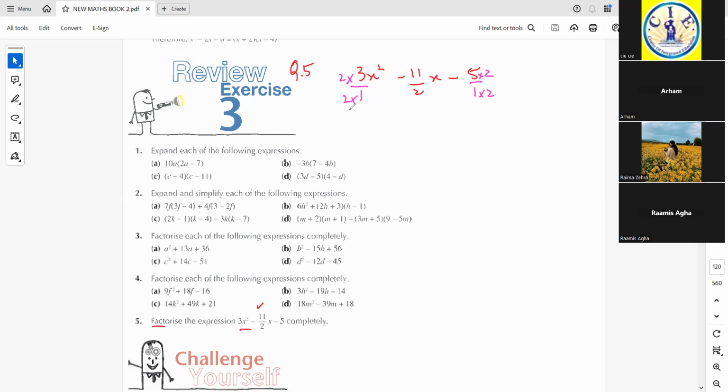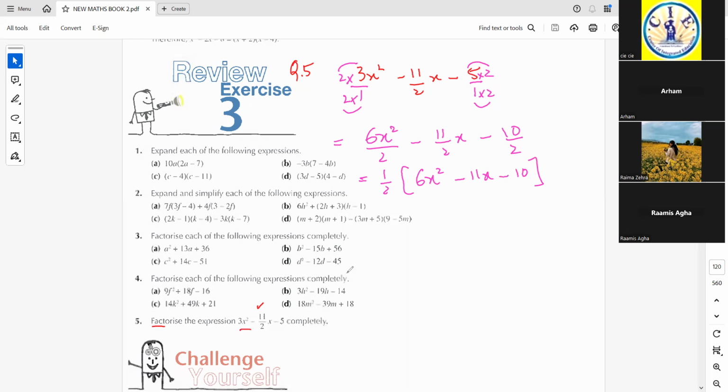So we now have 6x squared by 2 minus 11 by 2x minus 10 by 2. Now you see that 2 is occurring as a common factor in the denominator of all these terms. So we can take 2 common. We are left with 6x squared minus 11x minus 10.